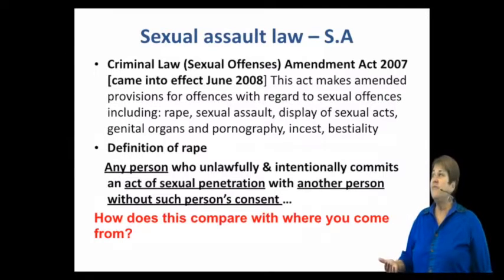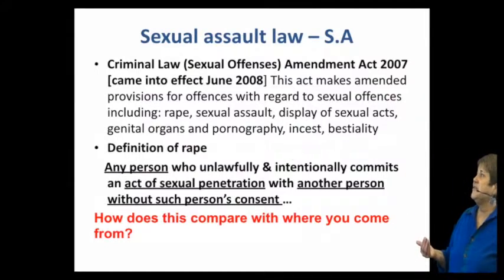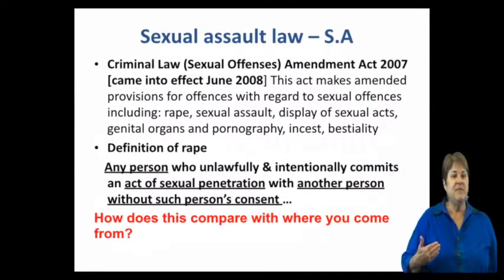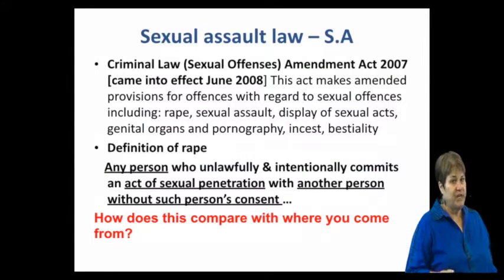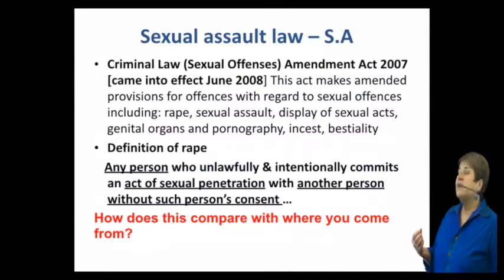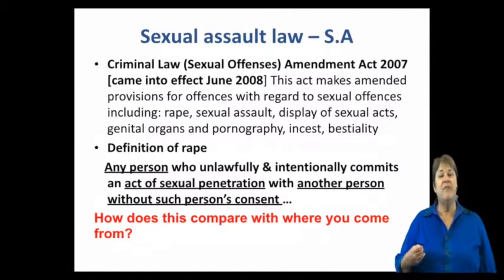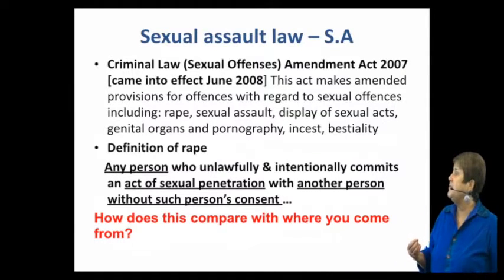And the definition of rape is that it's any person who unlawfully and intentionally commits an act of sexual penetration with another person without such person's consent. So it doesn't have to be a penis to a vagina. Sometimes people have used objects. And it also can be anybody. So it does include marital rape, for example.